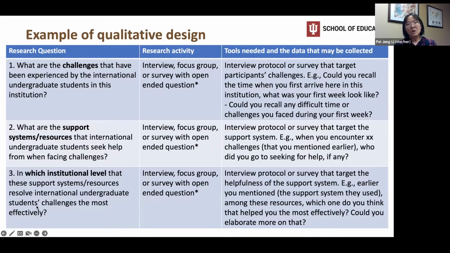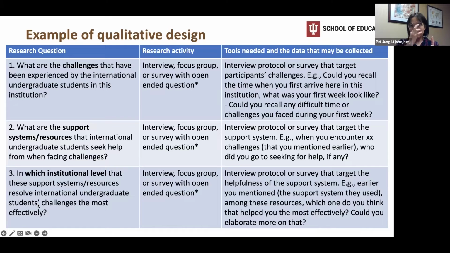That's fine too. But if you are thinking, okay, I'm going to work with 30 participants, then maybe a focus group could be another good way to explore the collective stories. Alternatively, you could also think about a survey, but qualitatively, I would suggest having multiple open-ended questions, not just one.